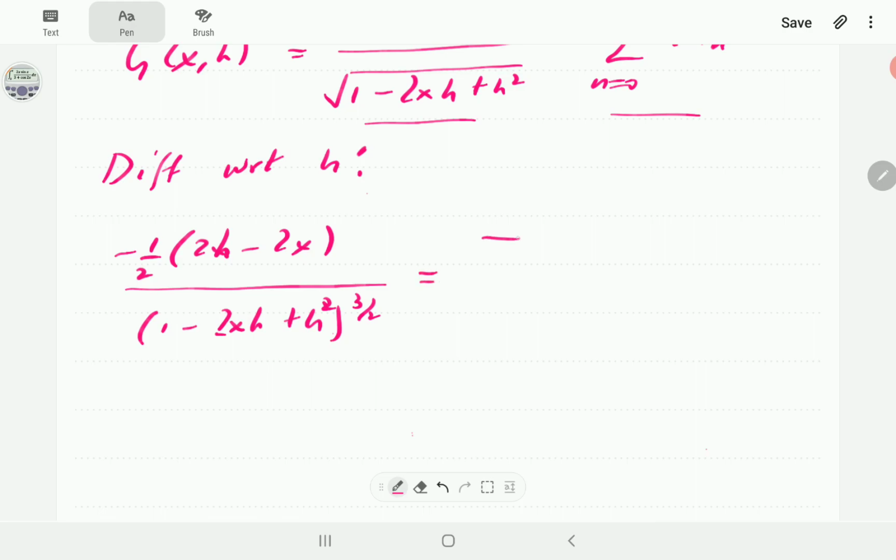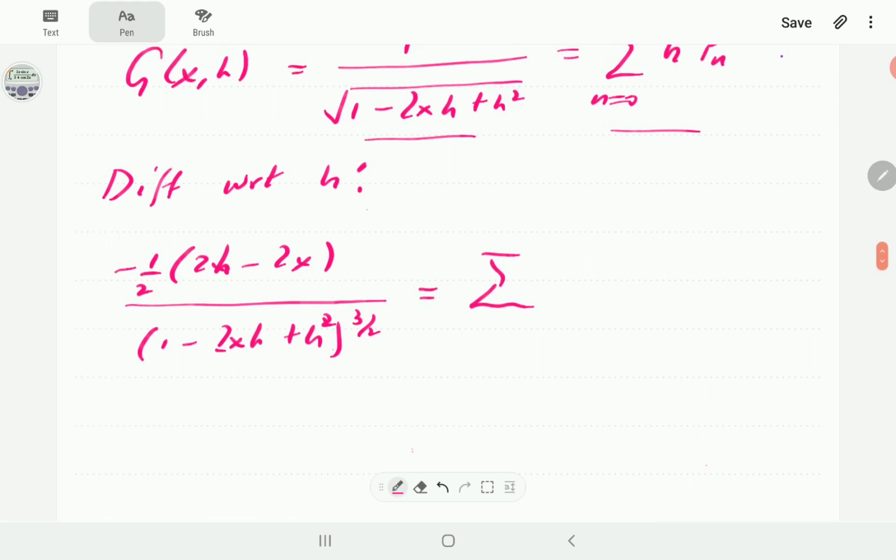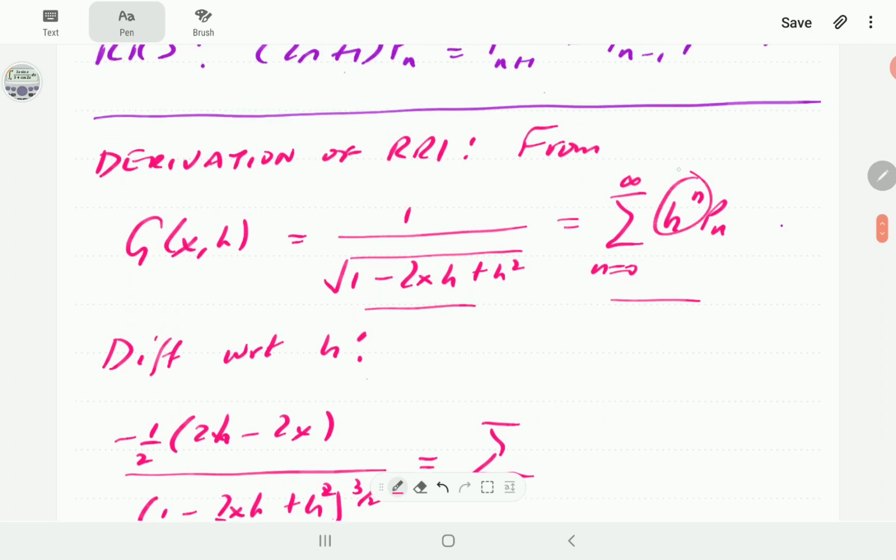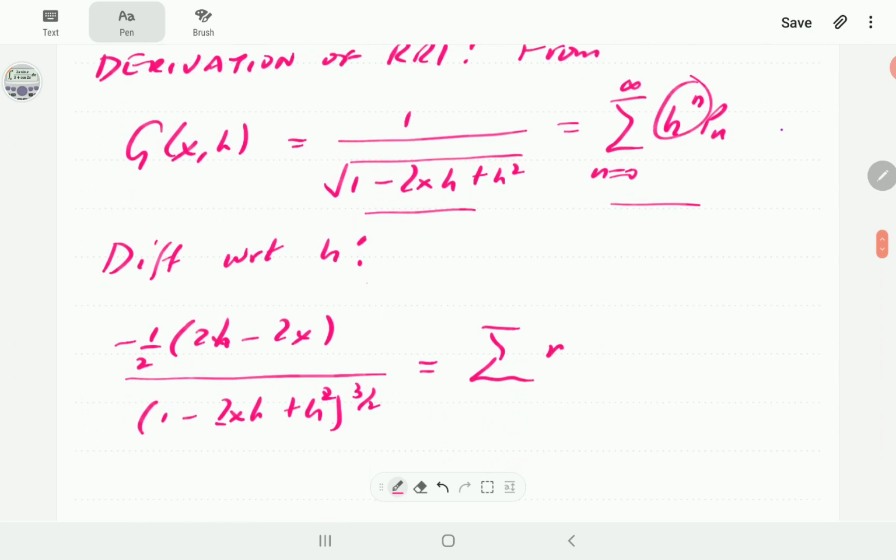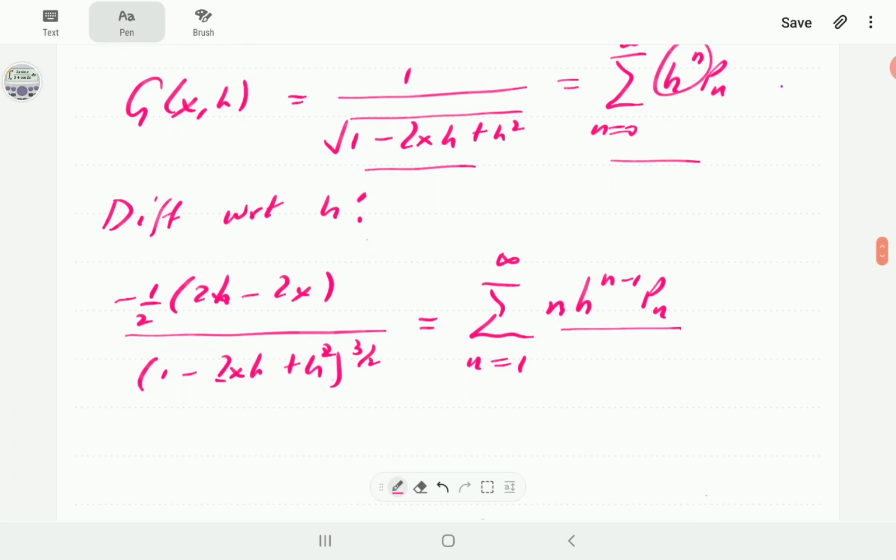And then on the right hand side, when we differentiate this, we are going to get n times h to the power n minus 1. That means our lower summation index is now going to have to start from 1, because when n is 0, this whole thing is going to be 0 here, right?